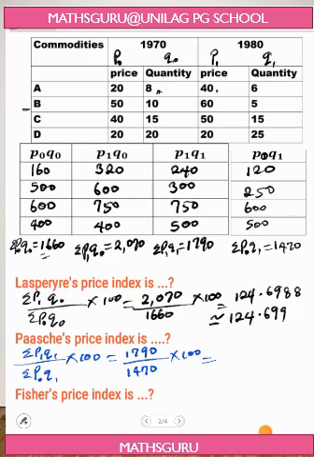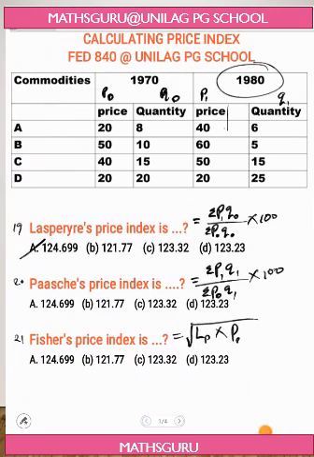This is going to give us 121.7687, which is approximately 121.77. All right, let's check our answer. 121.77. So the correct answer is B.